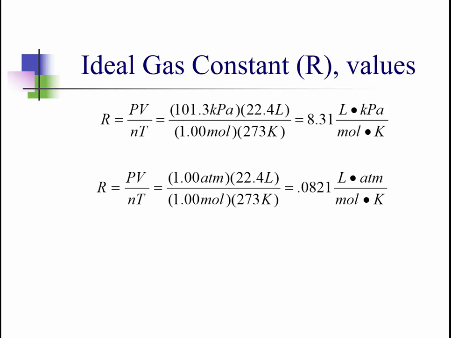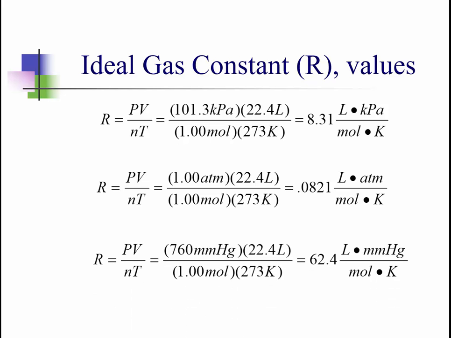And then the last one deals with our millimeters of mercury. So we have 760 millimeters of mercury as our standard. So we're going to multiply that by the 22.4, divided by the 1 mole, divided by the 273, and you get 62.4 liters times millimeters of mercury over moles times Kelvin.